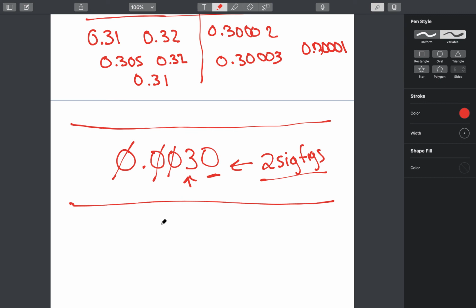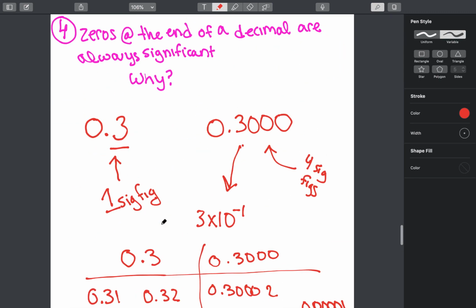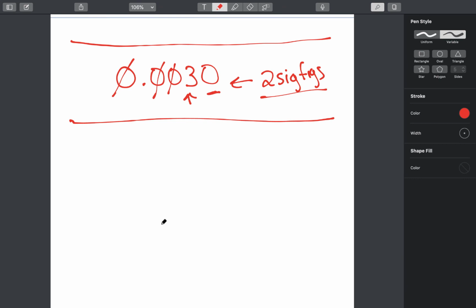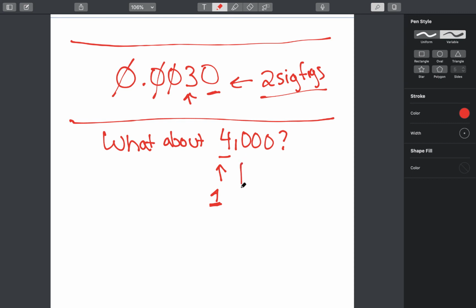So the last thing I want to talk about for counting significant figures is, what about values like 4,000 that are written like this? How many significant figures would be in a value like this? Well, there would actually only be one. And that's because we can express this in many different ways.